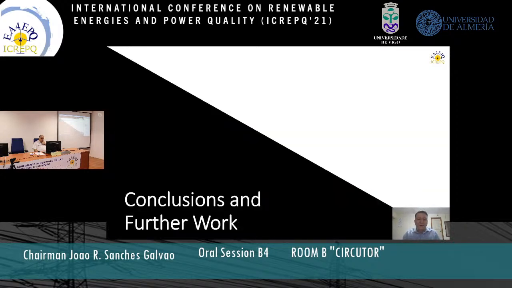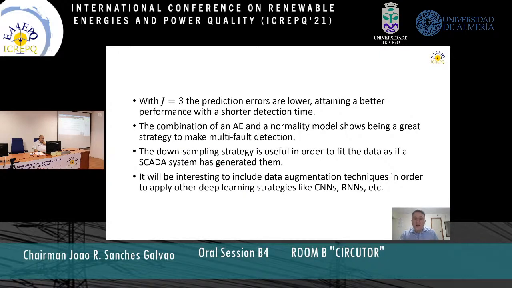From this, we can take some conclusions and define the further work. For example, with a J value of 3, the prediction errors are lower, attaining a better performance with a shorter detection time. That's important. And the combination of an autoencoder as a normality model shows being a great strategy to make multi-fault detection.